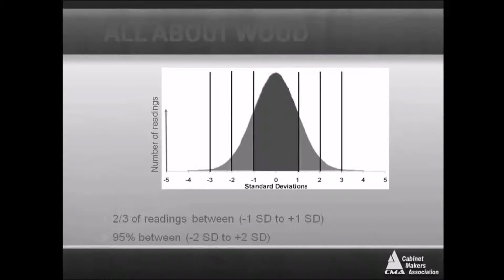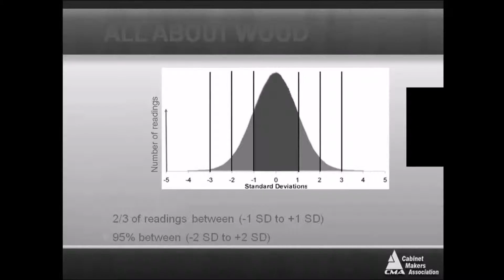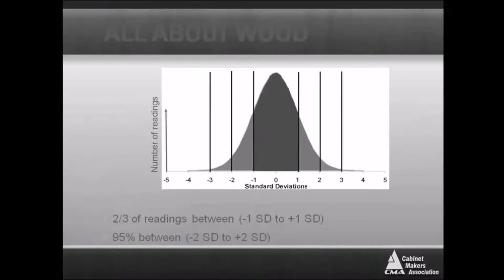And then we measure a property called the standard deviation, which is a measure of how much variability there is in the moisture. So you do this on, say, maybe 30 pieces of lumber or 30 pieces of wood being used for parts, and get the standard deviation. The standard deviation is the spread of moisture content.